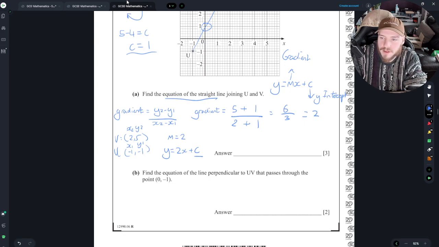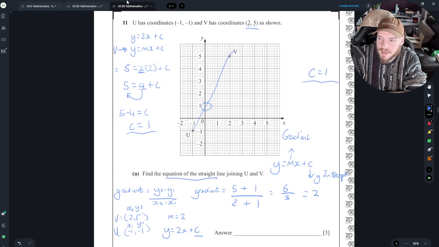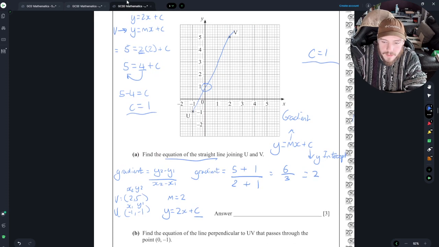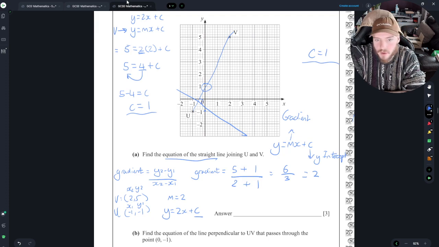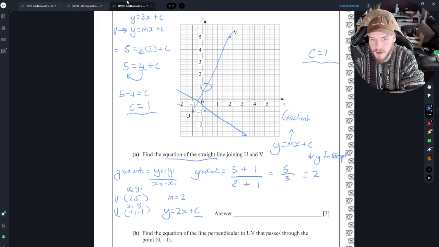So if I was to visually indicate it, it passes through the point (0, -1). So it passes through this point here, and visually it'll be at right angles. This will create a right angle. I know I haven't gone through the point, that's just me being bad at drawing.